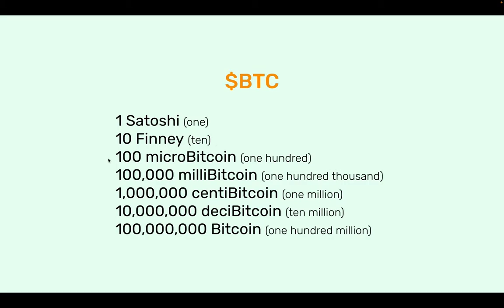Then when you multiply 1 Satoshi by 100, that denomination is called a micro Bitcoin. When you multiply 1 Satoshi by 100,000, the name of that denomination is called millibitcoin. When you multiply it by 1 million, it's called centibitcoin. This would be like 1 cent of a Bitcoin.